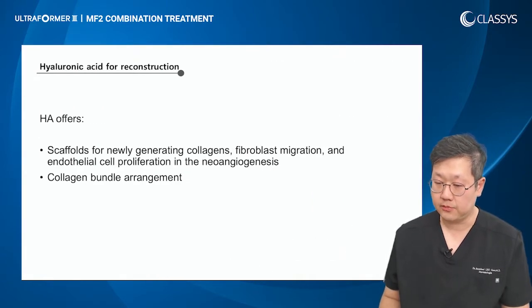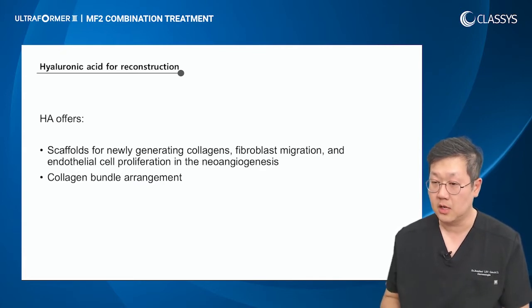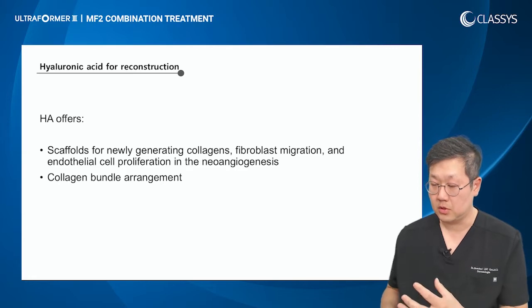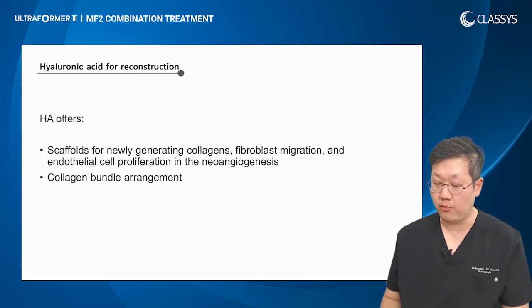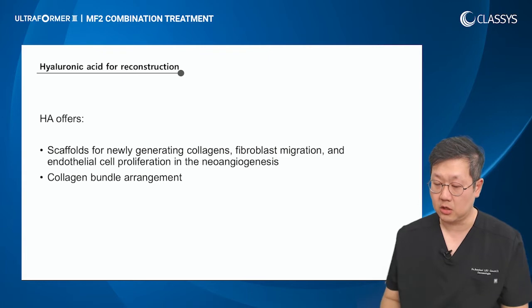For reconstruction, we all know that it offers a scaffold for newly generated collagens, fibroblast migration and endothelial proliferation, which is very important in neoangiogenesis, and which leads to better collagen bundle rearrangement and better looking dermal conditions.